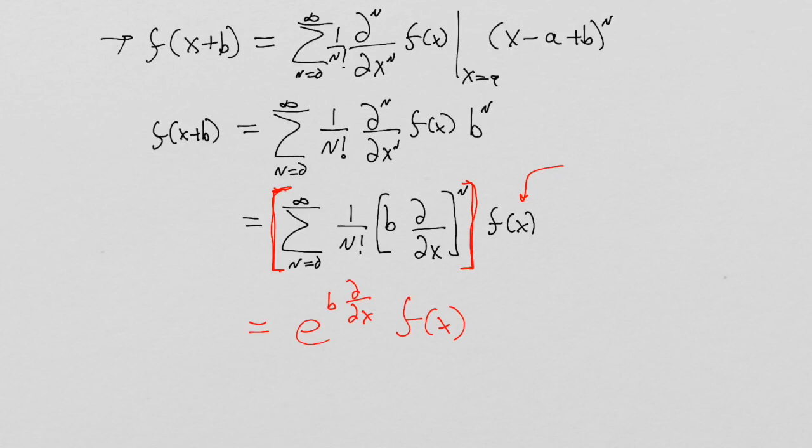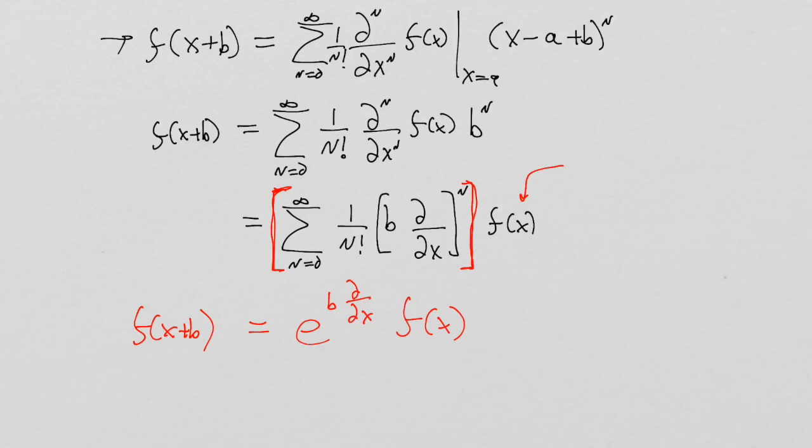Right? So now we have f of x plus b. So the shifted form of the function is this operator, which is shorthand for this sum, operating on f of x.